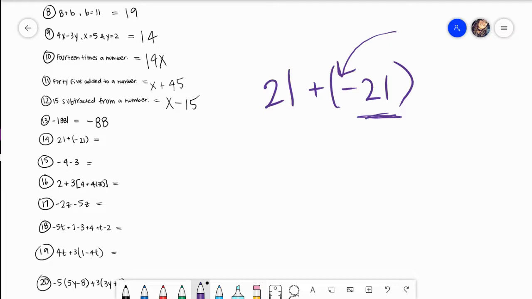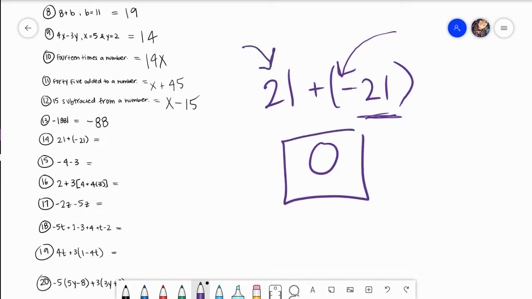If I have $21 in my bank and I go to girls' lunch and spend $21 eating lunch, I just went from having $21 in my bank to no dollars in my bank. I got $0. I spent exactly the amount of money that I had. The only difference is here I had a positive amount of money, and then here I took away that same amount of money. So it's the same number, different signs. So my answer is 0.